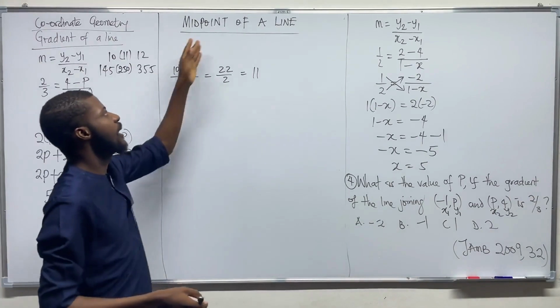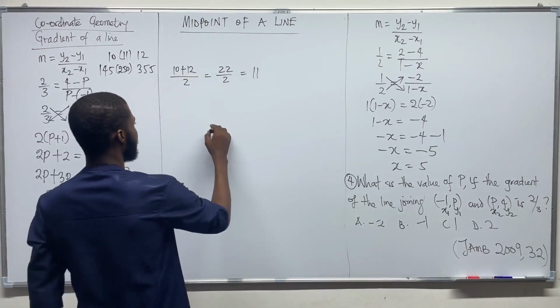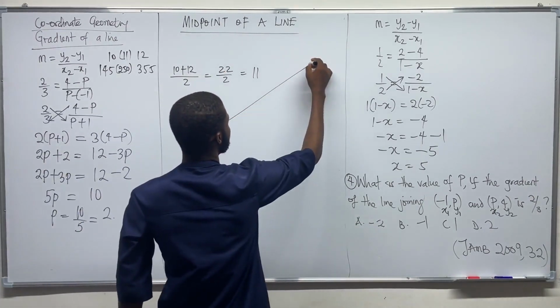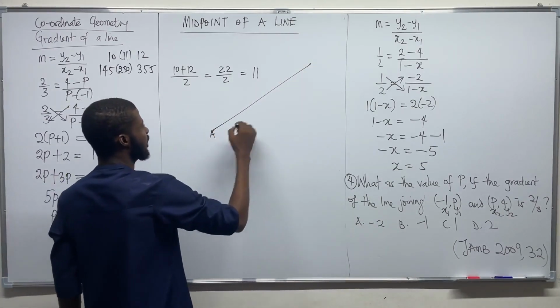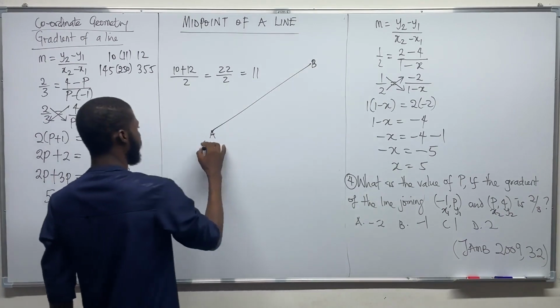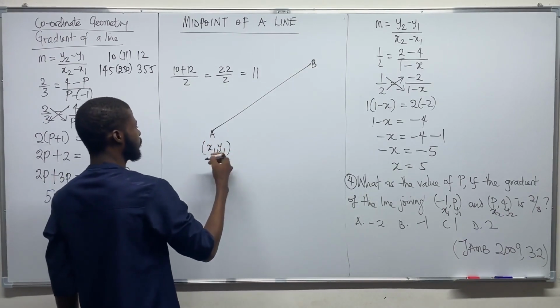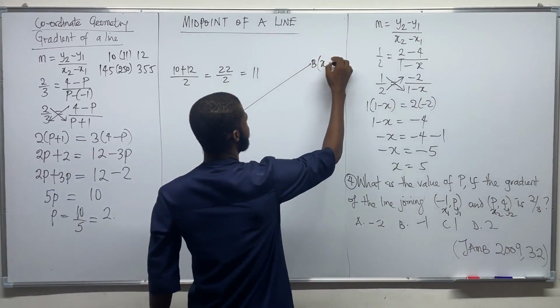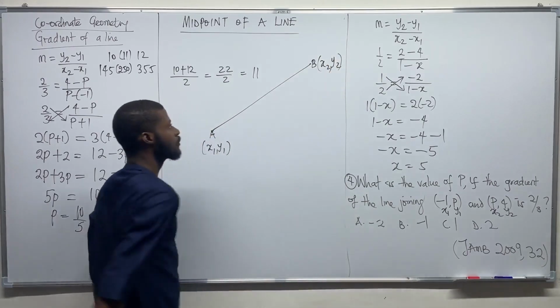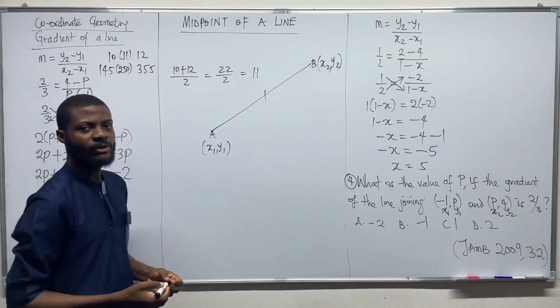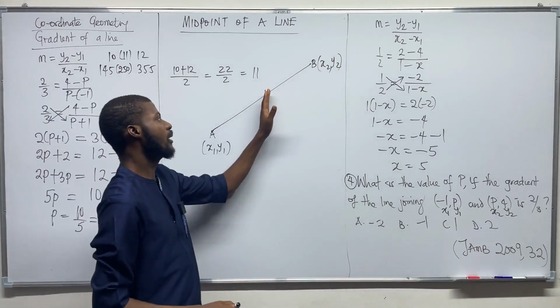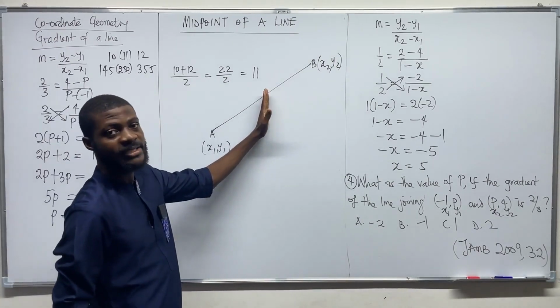Now, let us come back to the midpoint of a line. We have a line here. This line AB, A is x1, y1. This one is x2, y2. Now we need the middle here. Take note that this middle is going to also affect x and y.